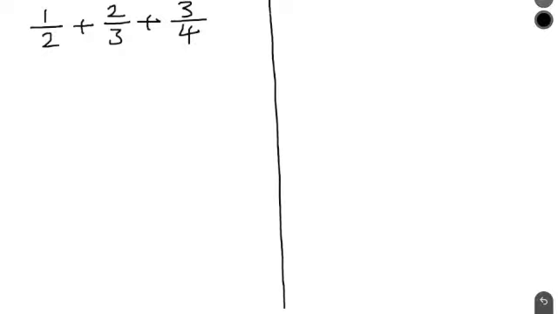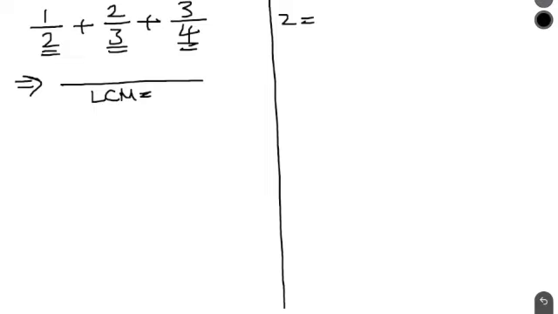Okay, and we would see that in keeping with our approach here, the first step we would need to find is our LCM, our lowest common multiple. So now we want to look at all the denominators of all 3 fractions, and we want to find all the multiples at first for all the fractions.